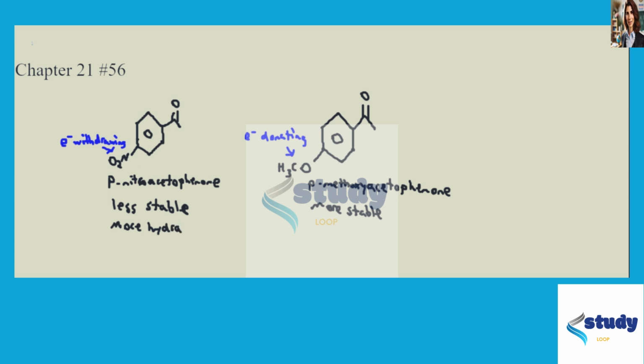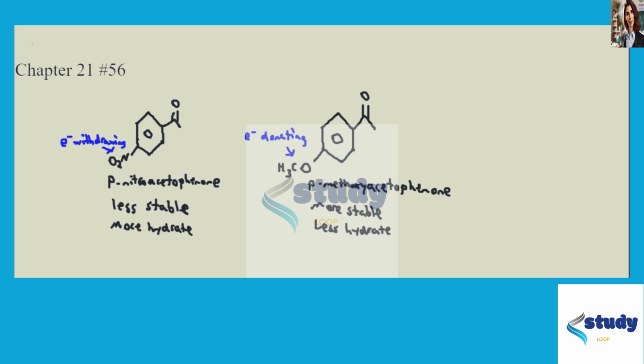So the nitroacetophenone is going to have more hydrate, and the methoxyacetophenone will have less hydrate. Knowing their stabilities, this should be what we would predict, right? Because if the methoxyacetophenone is more stable, it's going to be less reactive, and so it should have less hydrate.